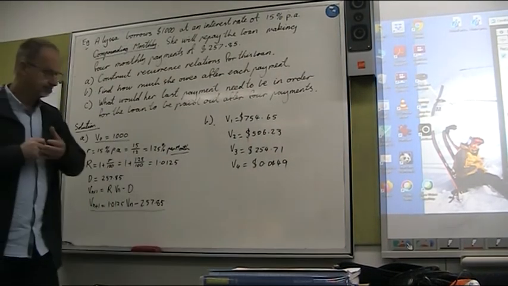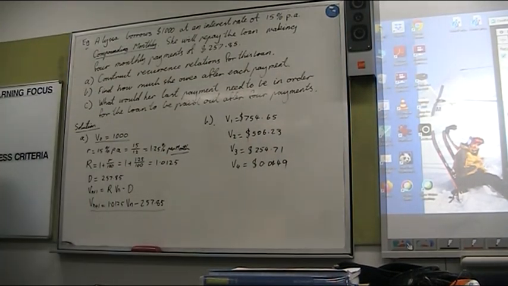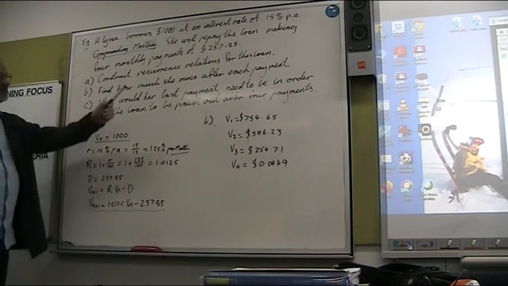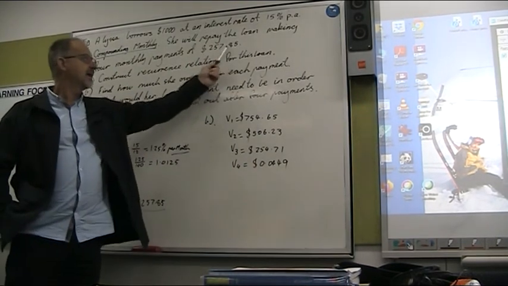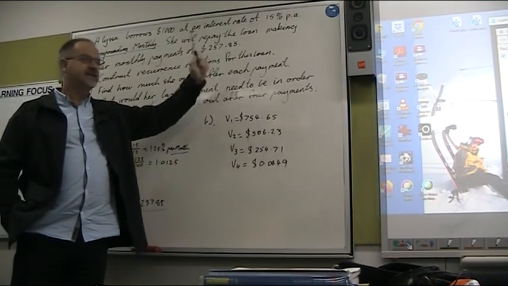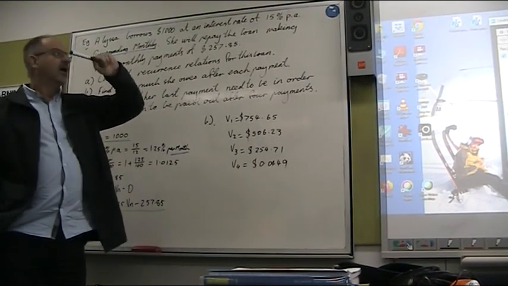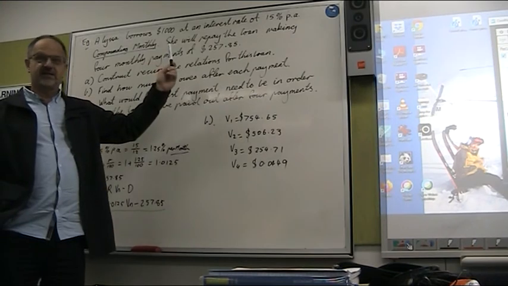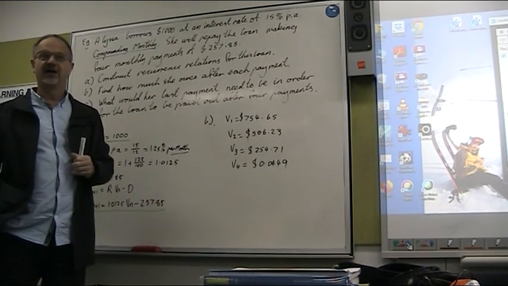Now, something I need to point out, because this is money, dollars and cents, how many decimal places do we give it to? 2.